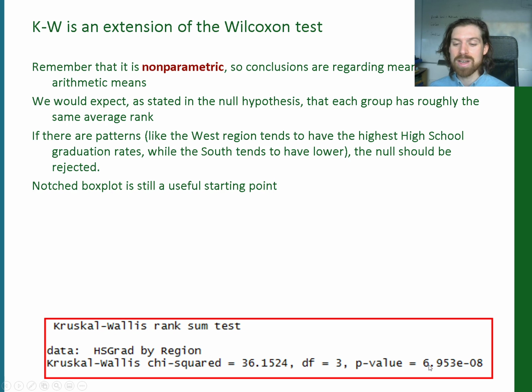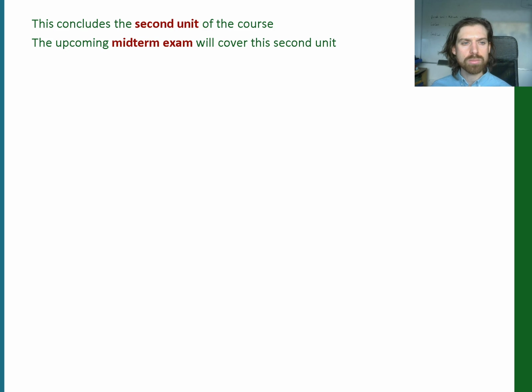So it's very, very significant. So here we would have enough evidence to reject the null hypothesis at the 95% level, for example, because it's significantly below 0.05, the alpha value that we have as the point at which we are confident that we have enough evidence that we can reject the null.